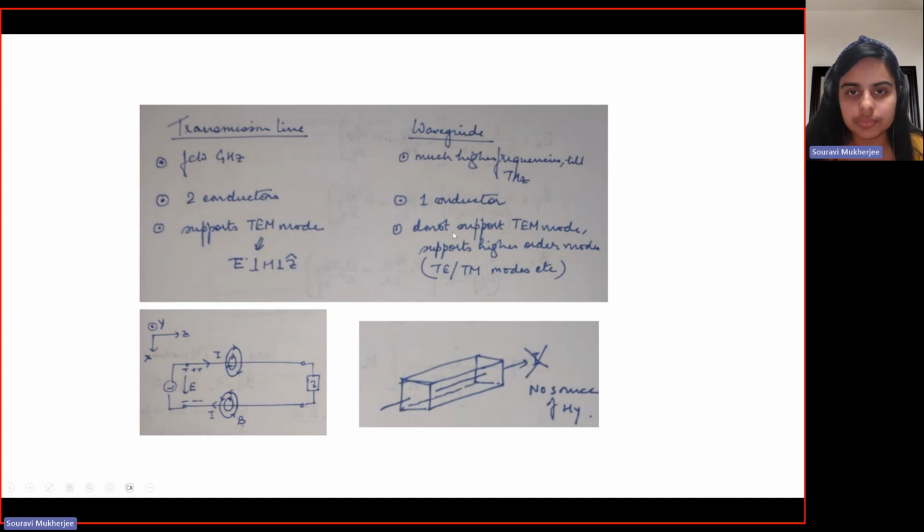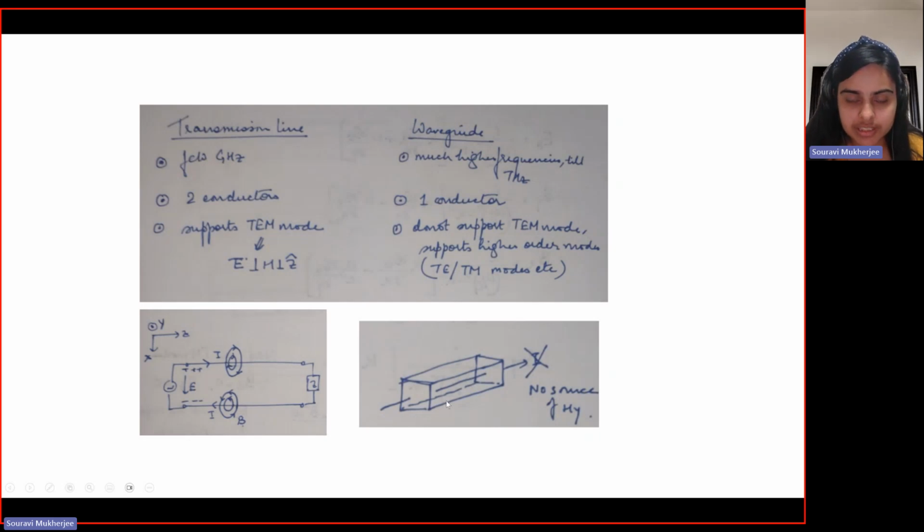But now, let us come to waveguides. Here you have two conductors. Imagine if you now have only one conductor, just a conducting, closed boundary maybe. So now the question is, if you have just a conductor, what kinds of signals can be transmitted through it? And we'll come to it from the derivations.